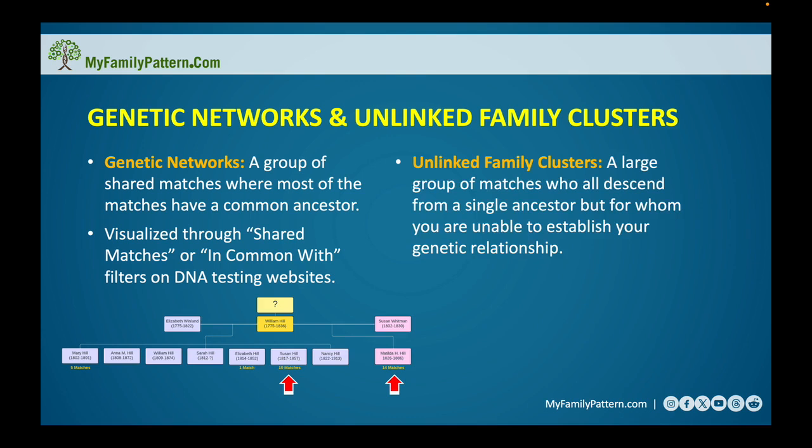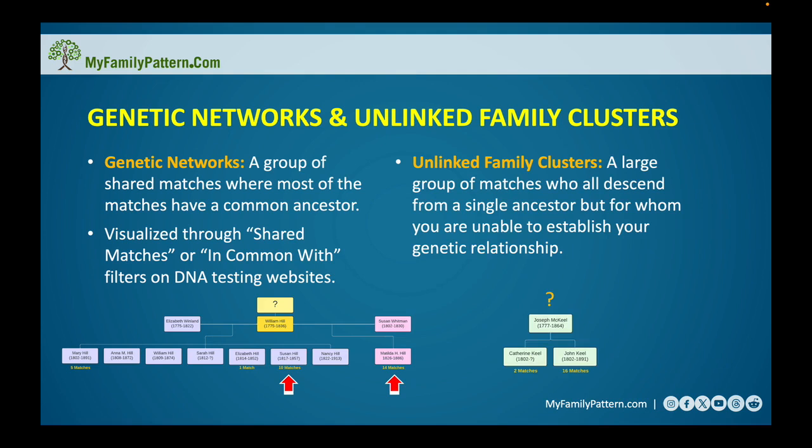Most of these I was able to subsequently identify as unlinked family clusters, which are a large group of matches who all descend from a single ancestor, but you can't identify how they fit into your tree. Here is an example of one of those unlinked family clusters that I found as part of this Hill genetic network.